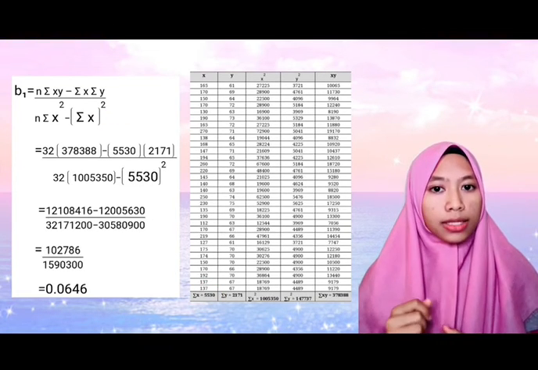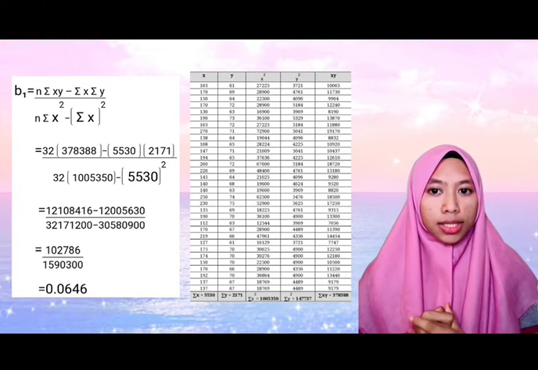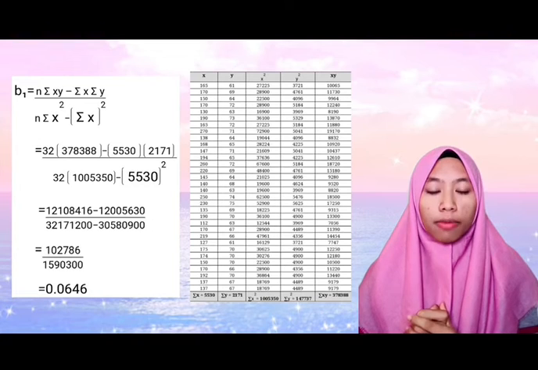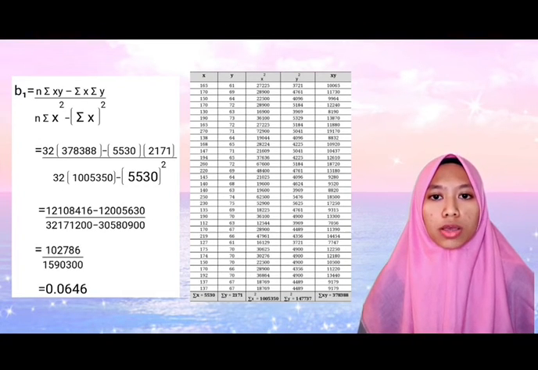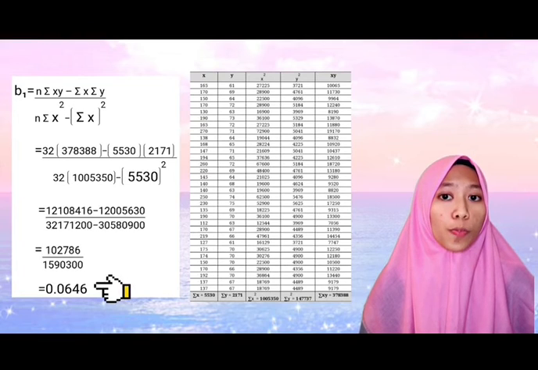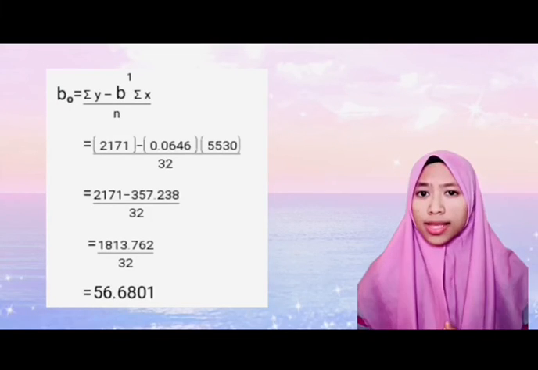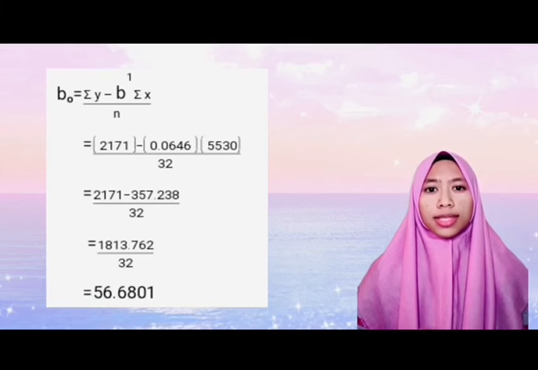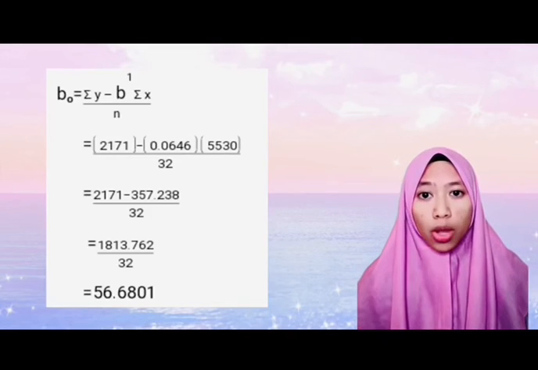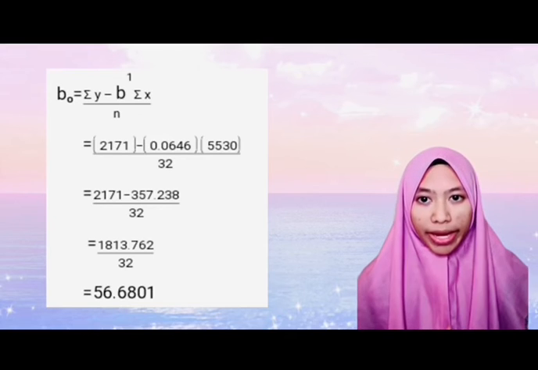So let's go ahead and plot everything one by one. I just need to include the values from the dataset. The final value of B1 I get based on this calculation is 0.0646. Next, for the value of B0, there is a really short form. The value is just sum of y minus B1 times sum of x, all divided by n.